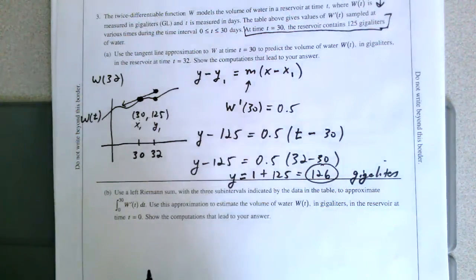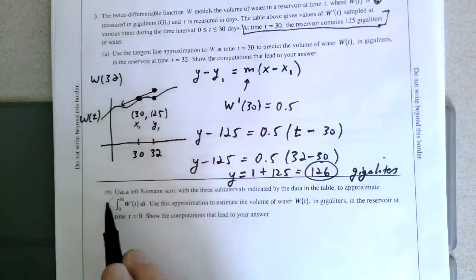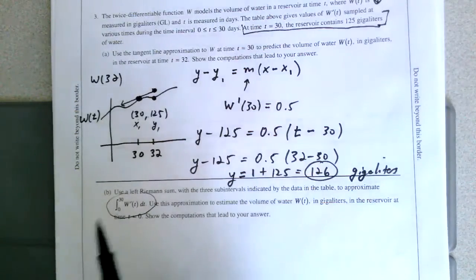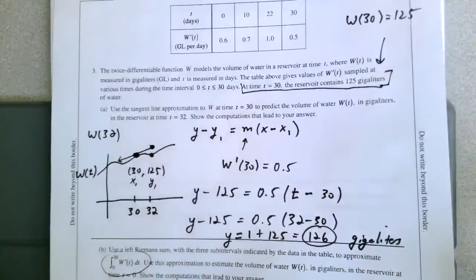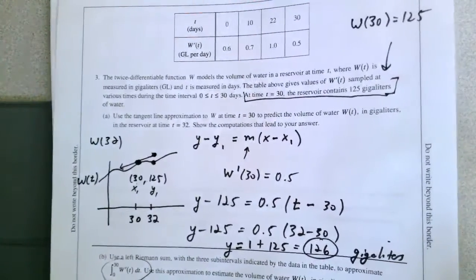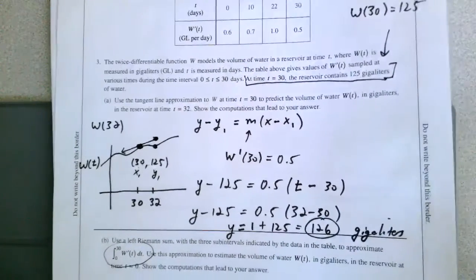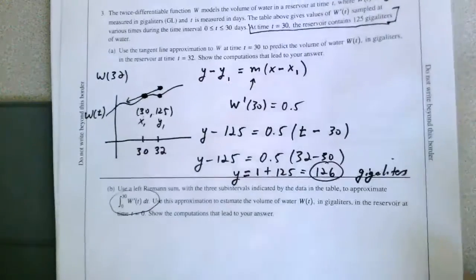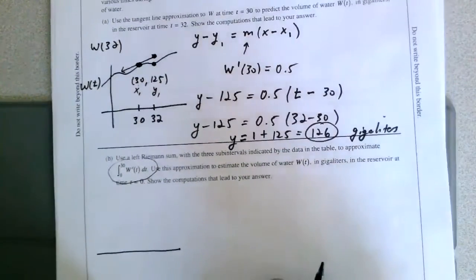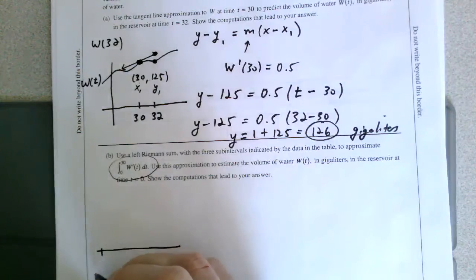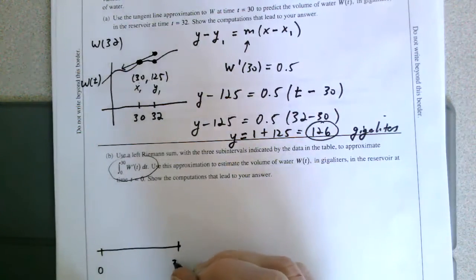So let's begin by doing as they suggest. We'll approximate this integral using the table data and a left Riemann sum with 3 subintervals. So what are those subintervals? Overall, as I've said many times, whenever you're doing a Riemann sum, I really encourage you to draw a picture.